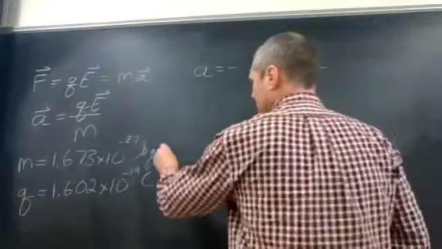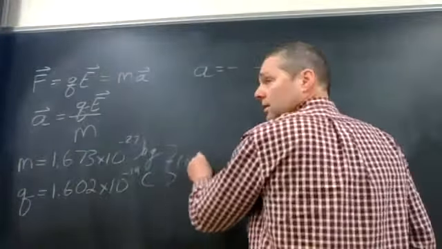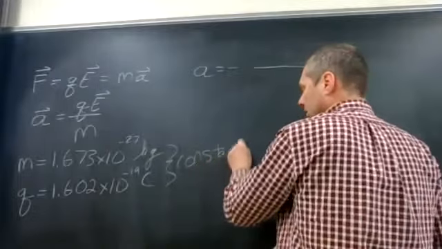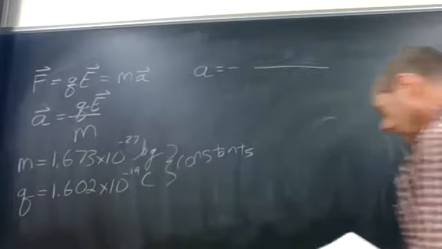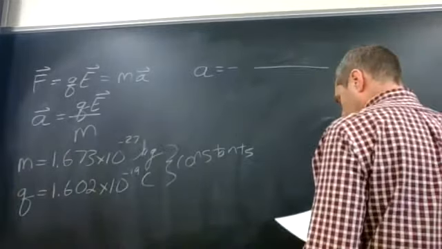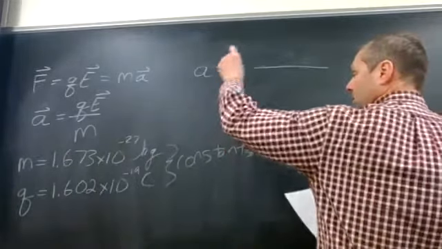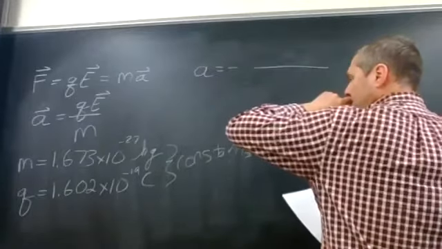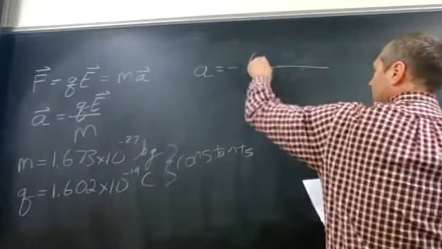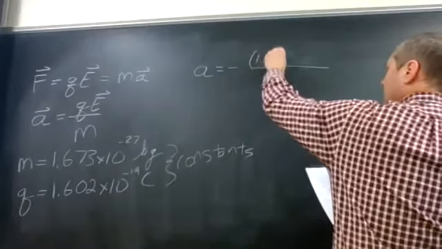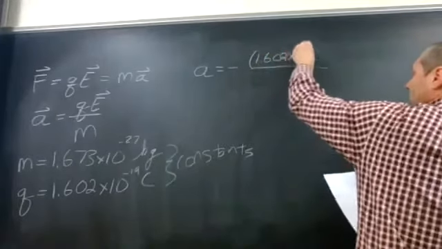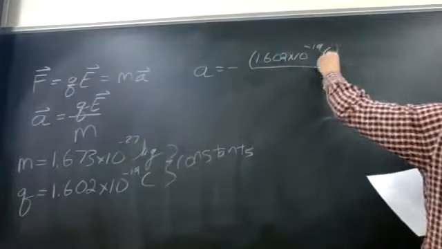So these are constants. All right. Let's see. So Q is 1.602 times 10 to the negative 19 coulombs.